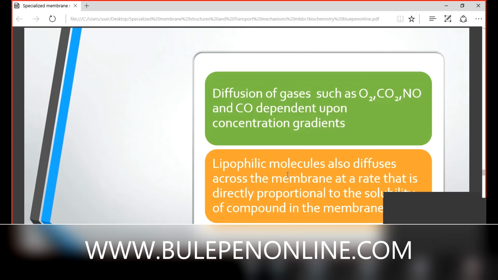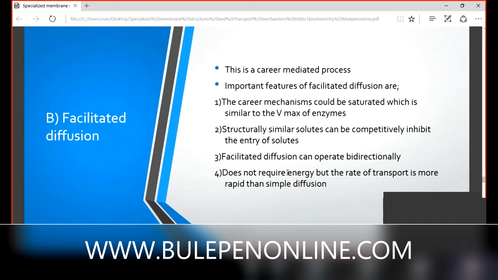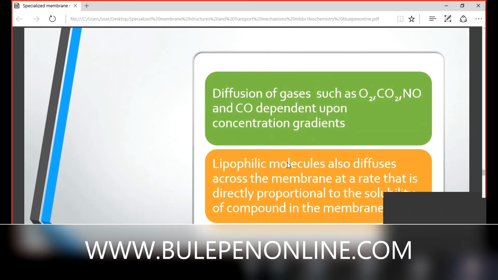Is it okay, Sandhya? Yes, ma'am. No doubt about simple diffusion, it's a very simple topic. Then next is facilitated diffusion. Before that, I want to ask some questions after simple diffusion.